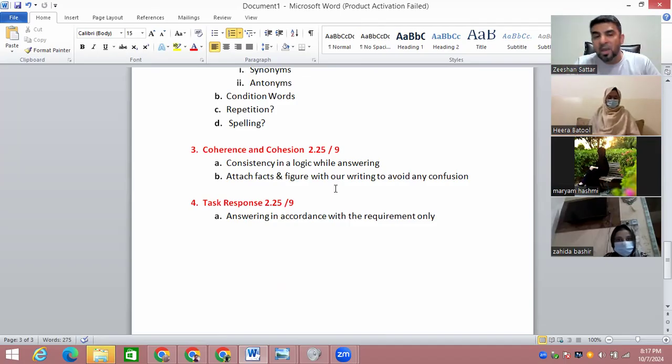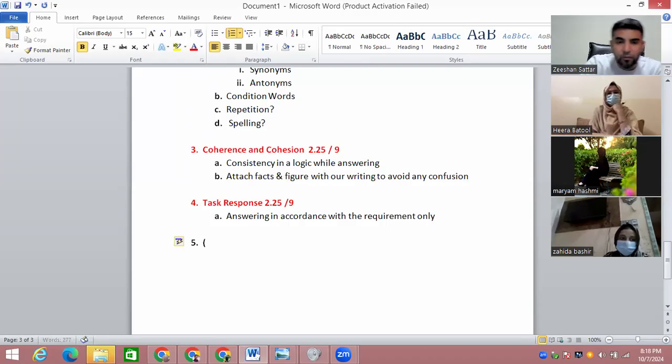If I work on the four criteria, that means I'm working on 2.25 of grammatical range, 2.25 of vocabulary, then 2.25 marks of coherence, then 2.25 marks of task response.